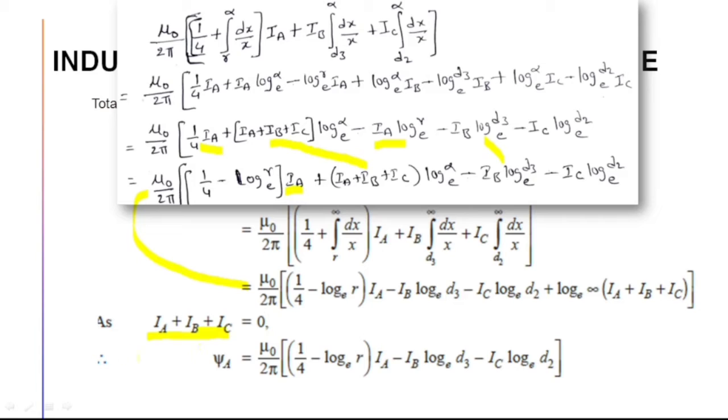Placing IA plus IB plus IC equal to 0 here, this entire term becomes 0, and the remaining term is ψA equal to μ0 by 2π [1/4 minus log R base e IA minus IB log D3 base e minus IC log D2 base e].